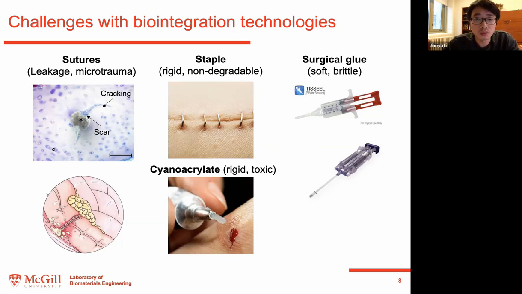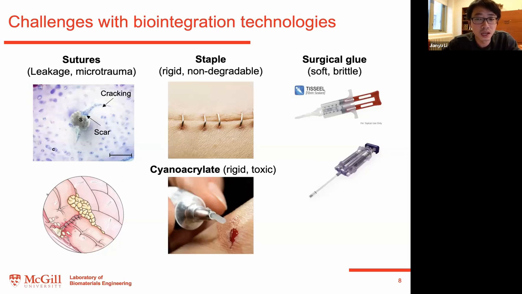And staples are pretty similar. They involve a rigid, non-degradable material, and in that sense it's worse than a degradable suture. It needs to be removed, involving a secondary surgery. To avoid those limitations, people in the field have been working on alternatives, and nowadays we have different commercial products.